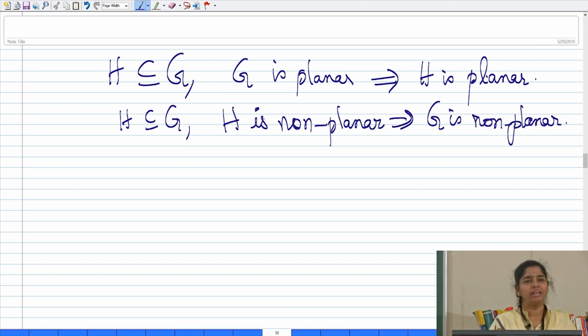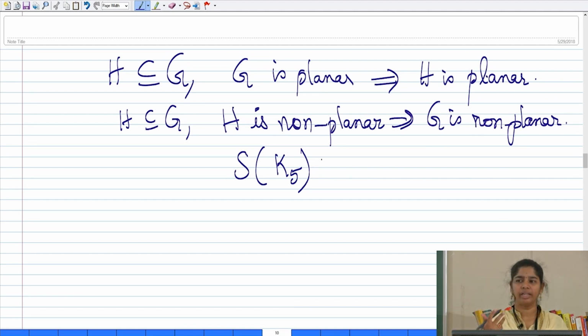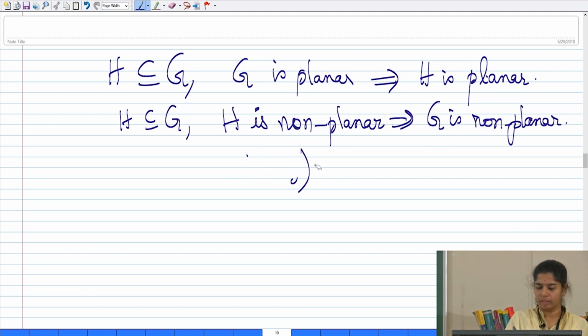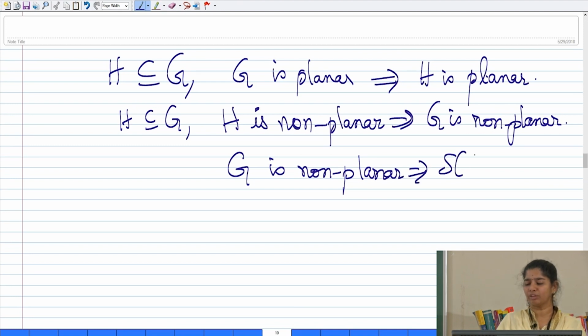In this line, I can immediately see S of K5, the subdivision of K5. I can also say one more result. If G is non-planar, it implies S of G is also non-planar.